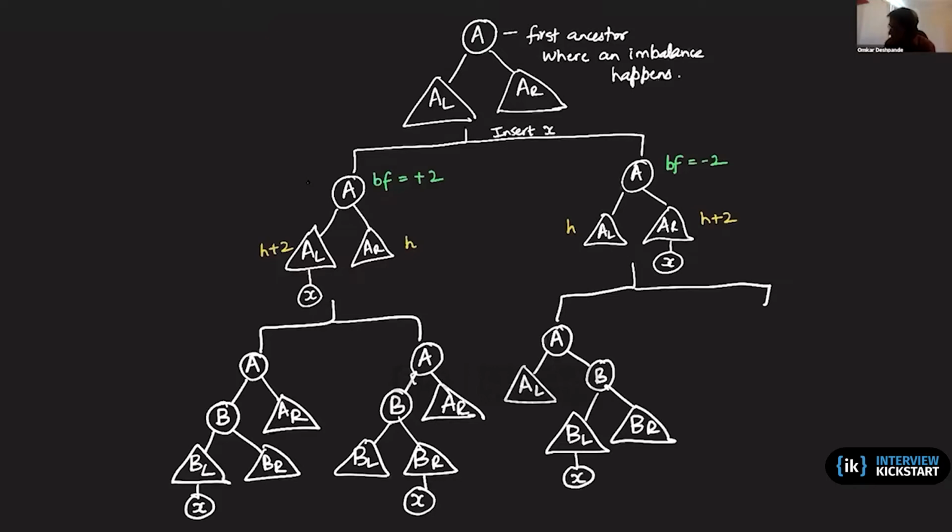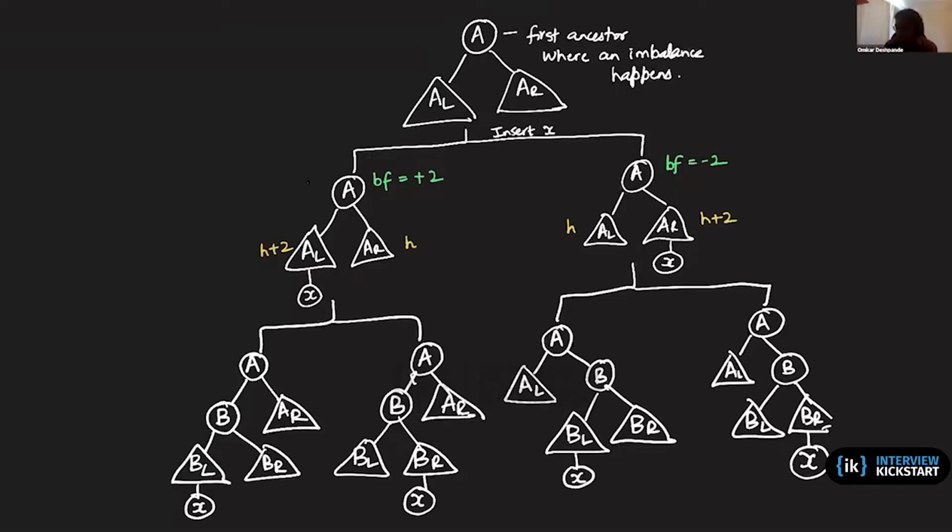So those are the two: BL, BR, and X was inserted here. We have 4 cases. We want to examine each of them, and what to do in each of them.